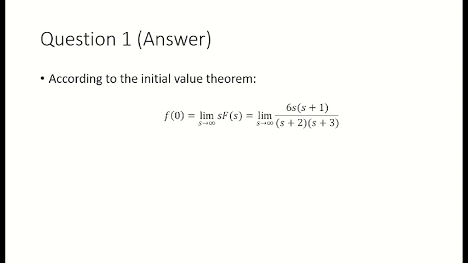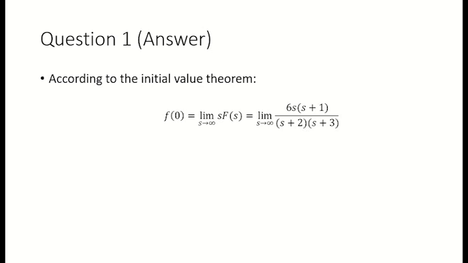So from here we notice that the highest power of the denominator and the numerator is s squared. So as s approaches infinity, or s gets bigger and bigger and bigger, the s squared terms will get very large and going to be much more significant than the constants.